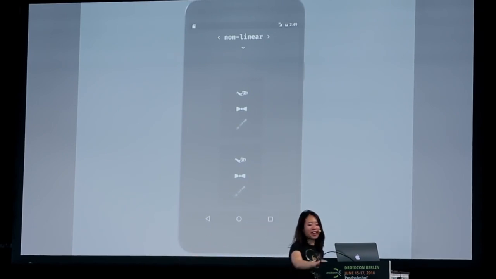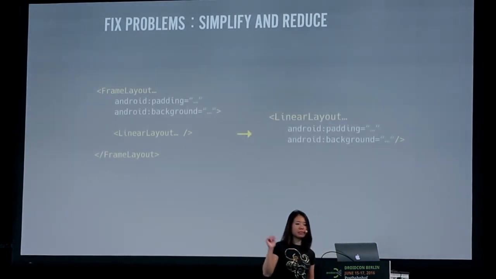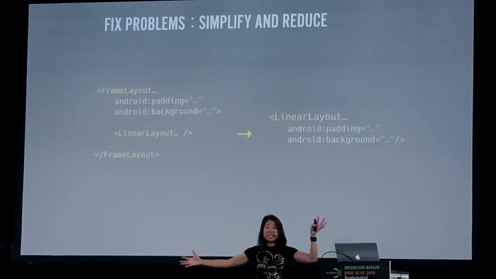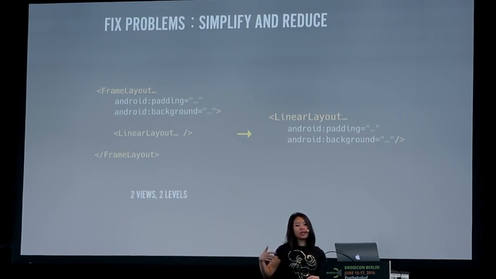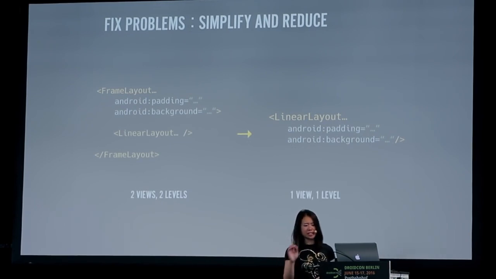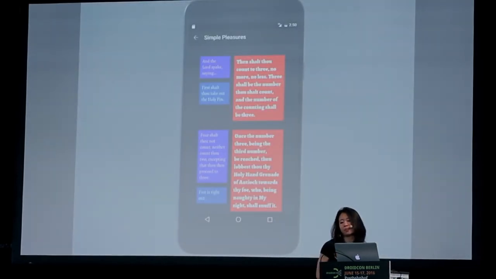Don't ever be afraid of setting the attributes directly on your content. So even though frame layout is very efficient, if you just set the padding and the background on your inner layouts, you will save yourself an extra view, an extra level, and make things just a little bit more efficient. And the result is just the same.